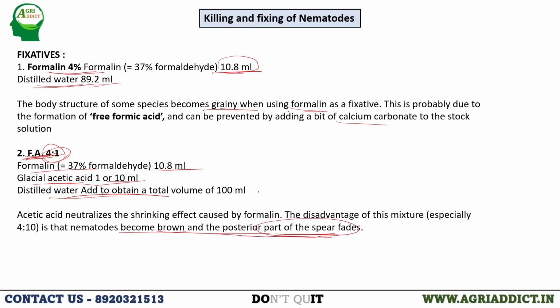This disadvantage is only seen when a larger quantity of glacial acetic acid is used. That is, out of 1 ml, if you go for using 10 ml, then the browning of the nematodes can be seen. So in order to prevent this effect, you will go for adding only 1 ml of glacial acetic acid instead of 10 ml.